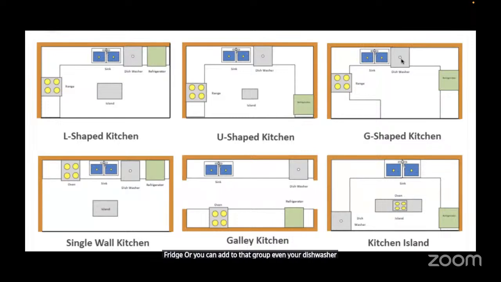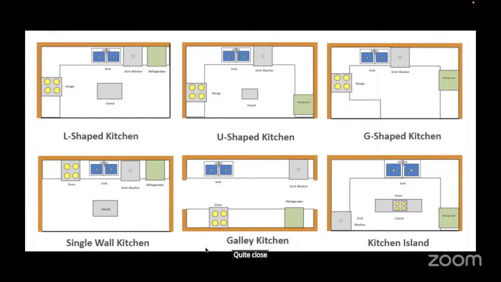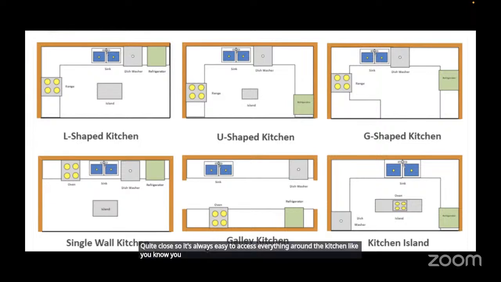Well, the dishwasher usually goes on the left side of your sink, so we can treat it as one. But if you can, try to keep the triangle quite close, so it's always easy to access everything around the kitchen. You don't have to run from one corner to another.